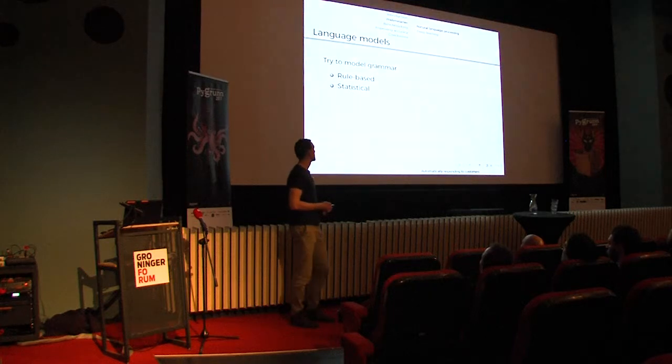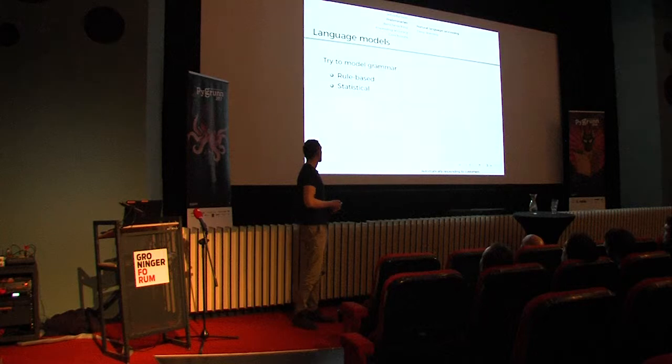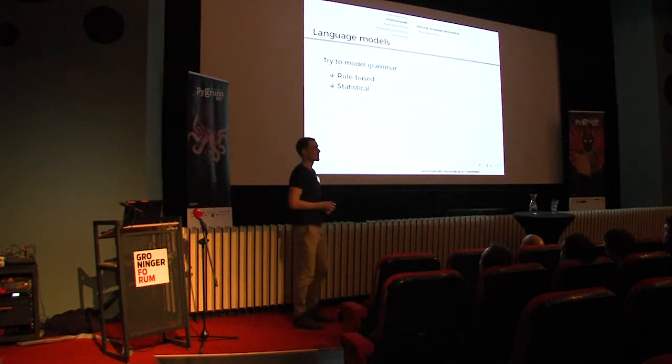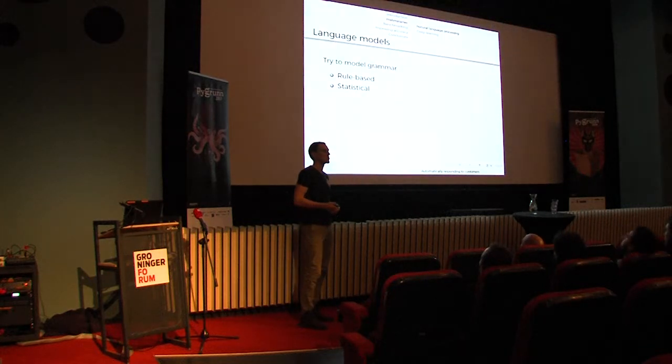So natural language processing started with statistical language models to model the grammar of a language, because you need to know the grammar to understand a sentence. Without it, it's useless. And they started with rule-based. I said statistical, but they started with rule-based. What rule-based means is you try to define an entire language in rules.